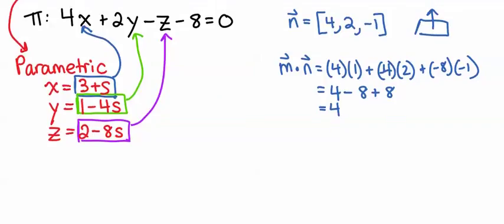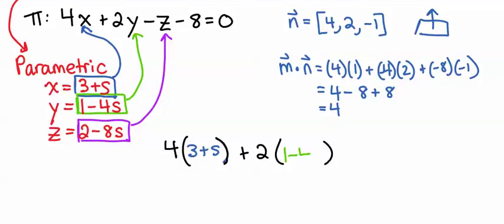So let's do that. We've got 4 bracket 3 plus s, plus 2 bracket 1 minus 4s, minus z, which is 2 minus 8s, minus 8 equals 0.